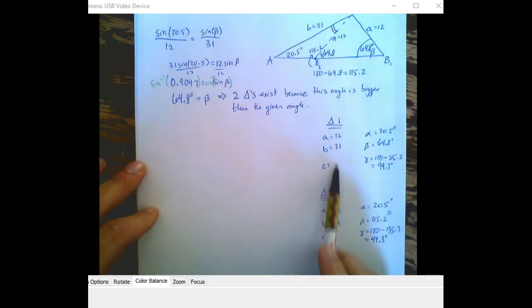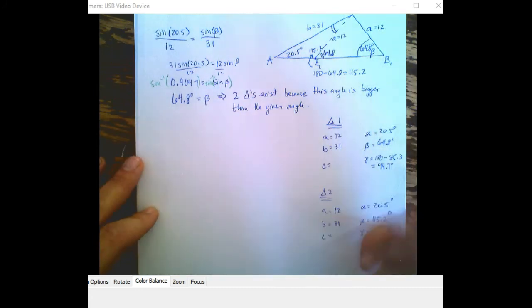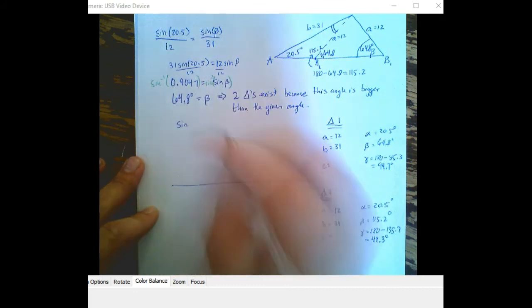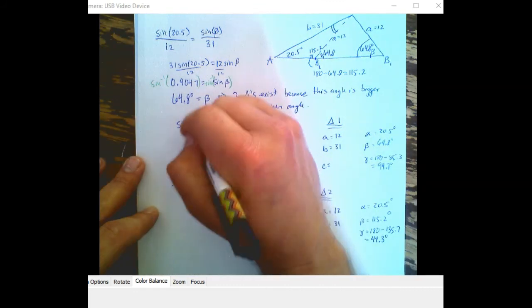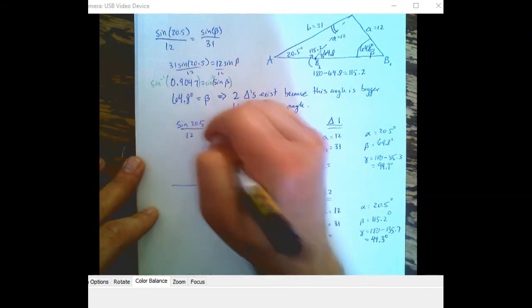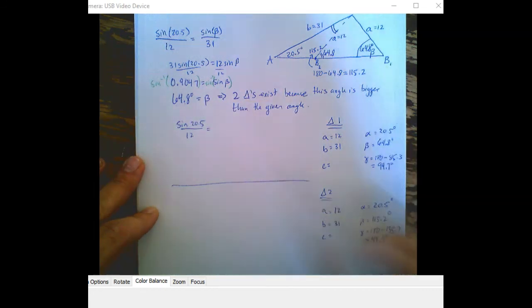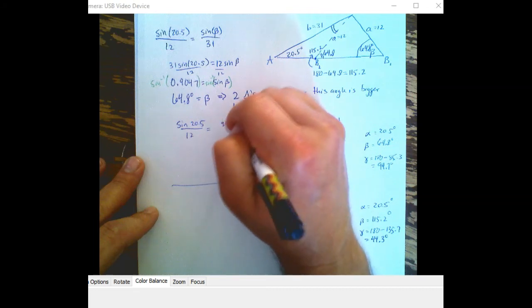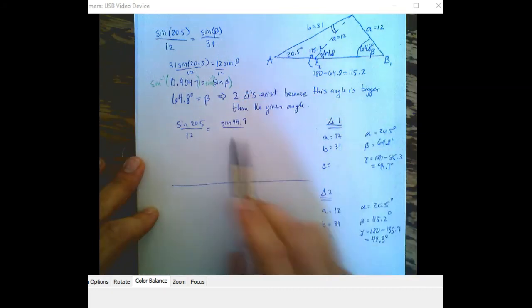So all we need to do here is just find the c value. So we're going to use a law of sines for this one to find c, and then we're going to do a different law of sines here to find c. So for this one, sine of 20.5 over 12 must equal sine of 94.7 over c.